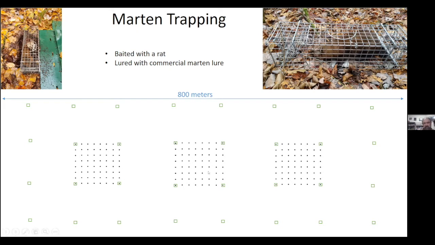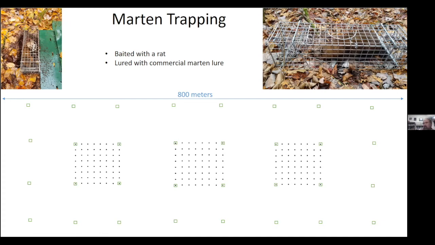These dotted areas, these three, represent each of the three 8x8 array small mammal trapping grids at GLC. So again, each of these areas with the small dots, you're looking at about 100 meters across. The squares represent the pine marten traps.